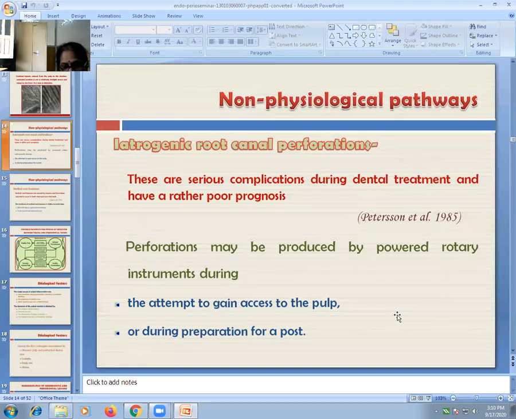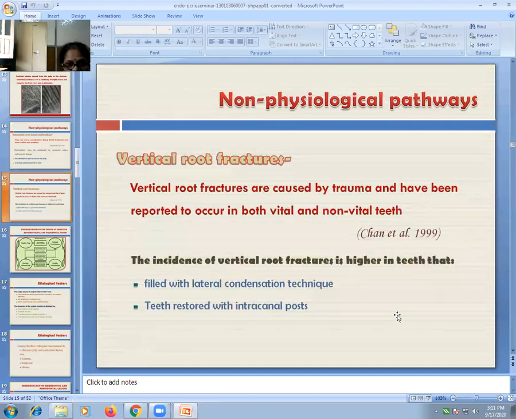Or during preparation of the post, if you use bigger instruments, that can cause perforation. So there will be a through and through channel between the pulp space and periodontium. Any infection occurring either way will get connected to each other.